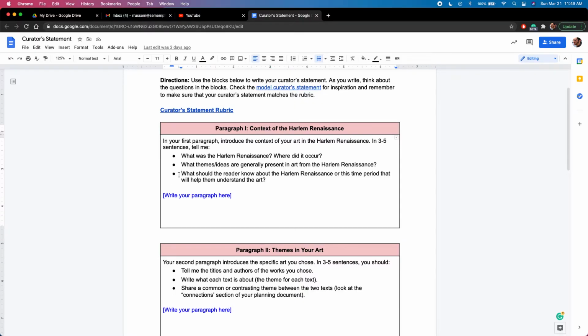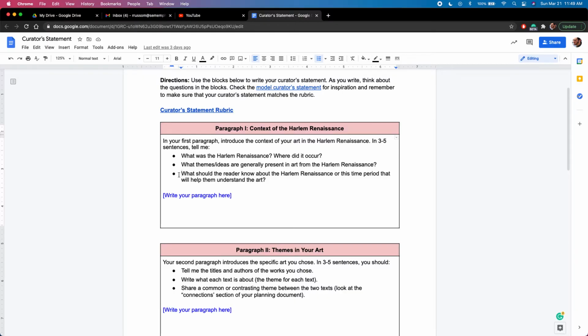Finally, this last bullet point is asking, what should the reader know about the Harlem Renaissance or this time period that will help them understand the art? So here you're going to give me specific context for your chosen art. And what I mean by that is, if you're writing about Lift Every Voice and Sing, you can tell me right here that one of the songs featured in this exhibit is now called the Black National Anthem, and it's frequently sung even today, 100 years after it was written.